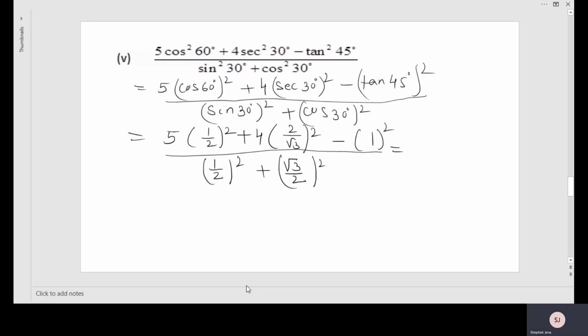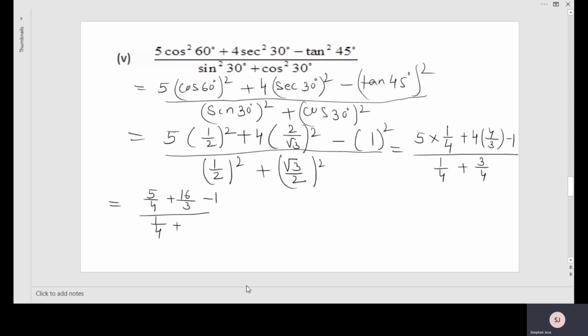This is 5 into 1 by 4, plus 4 into 4 by 3, minus 1, divided by 1 by 4 plus 3 by 4. That is 5 by 4 plus 16 by 3 minus 1, divided by 1 by 4 plus 3 by 4.